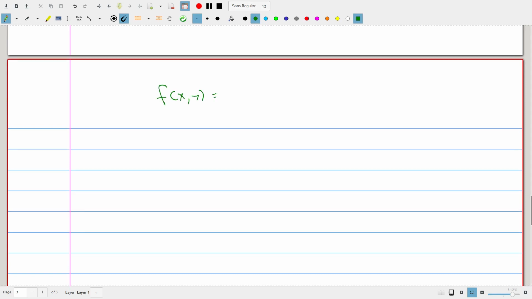Remember, we're dealing with functions of two variables, so this is the square root of 9 minus x squared minus y squared. Because of the square root, the argument, 9 minus x squared minus y squared, must be greater than or equal to 0. And this tells me that x squared plus y squared must be less than or equal to 9. This is the domain.